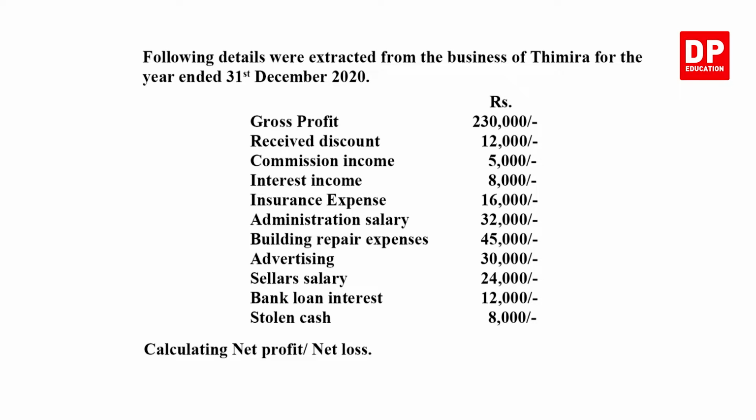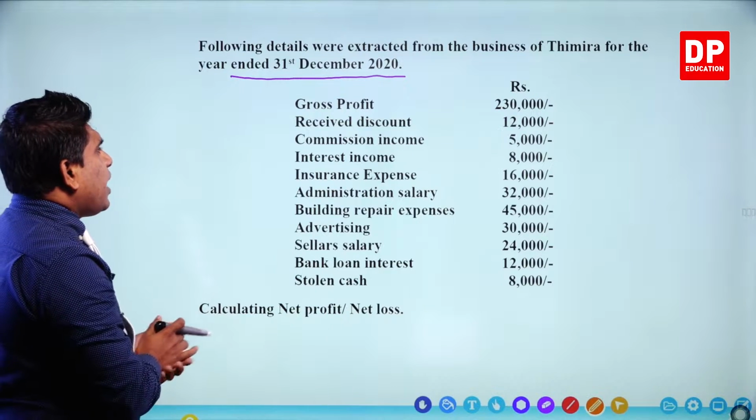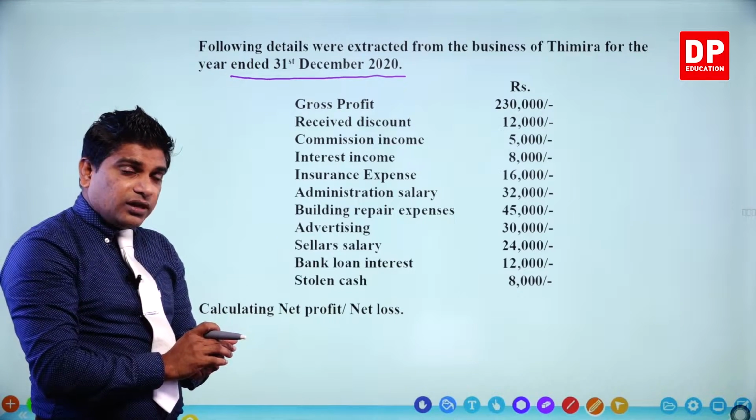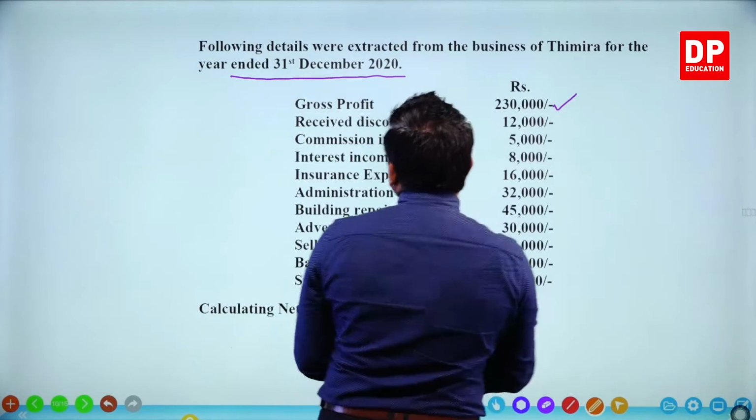Now, the other activity. The following details were extracted from the business of Timira for the year ended 31st December 2020. Okay. They have given directly what? Gross profit. Gross profit is given 230,000.